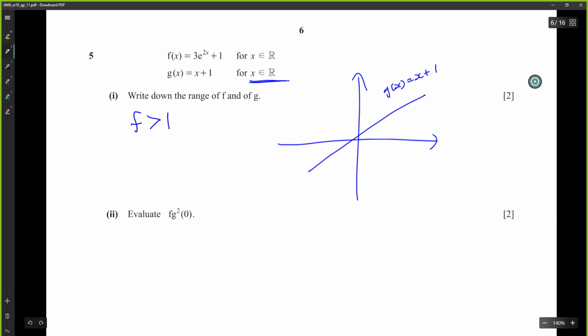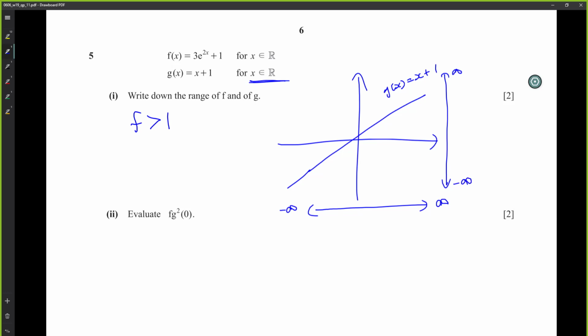Since the x value goes from negative infinity all the way to positive infinity, your y value also goes from negative infinity to positive infinity. But then in IGCSE, how are we going to define from negative infinity to positive infinity? We use the element of the real numbers. So therefore, my g will be an element of the real numbers.